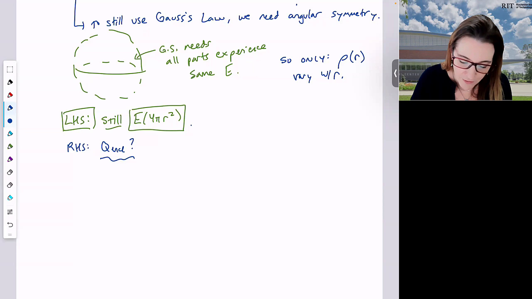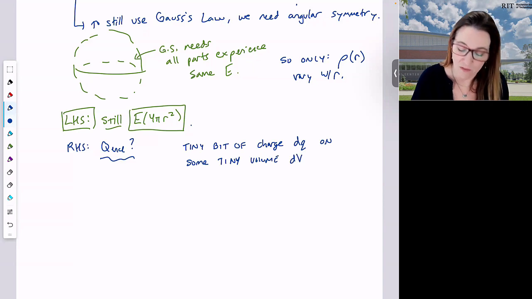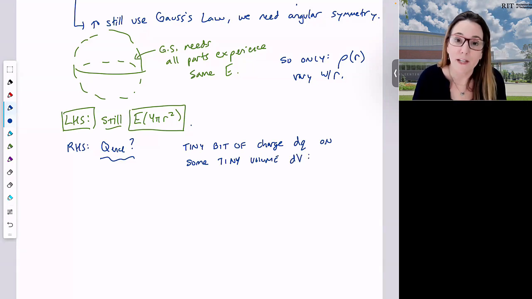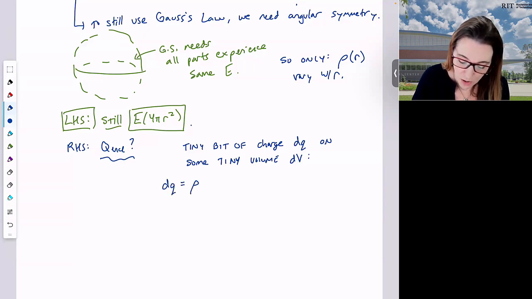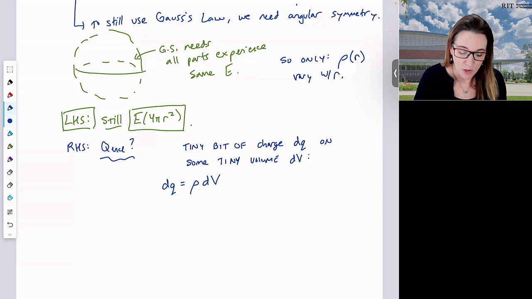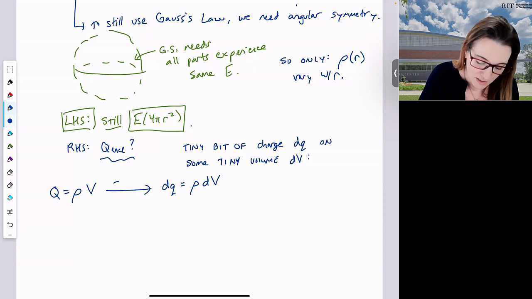So if we have a tiny bit of charge, which I'm going to call dq, that is on some tiny volume, dV, I could write this as dq is equal to my density rho times that tiny volume, right? I essentially took this larger equation of Q equals rho times volume, and I made it small.